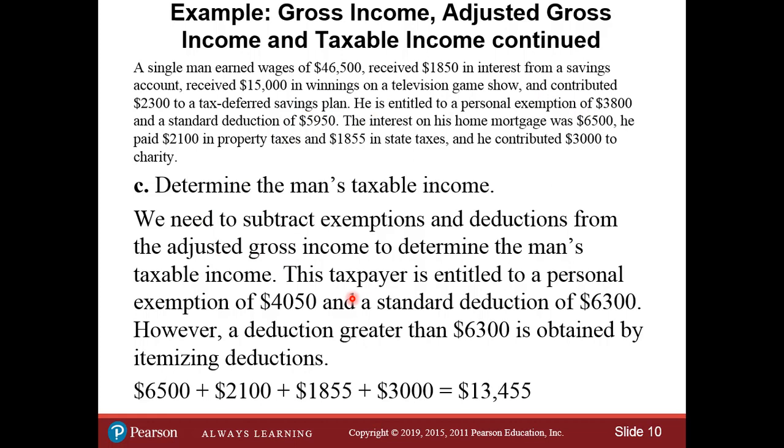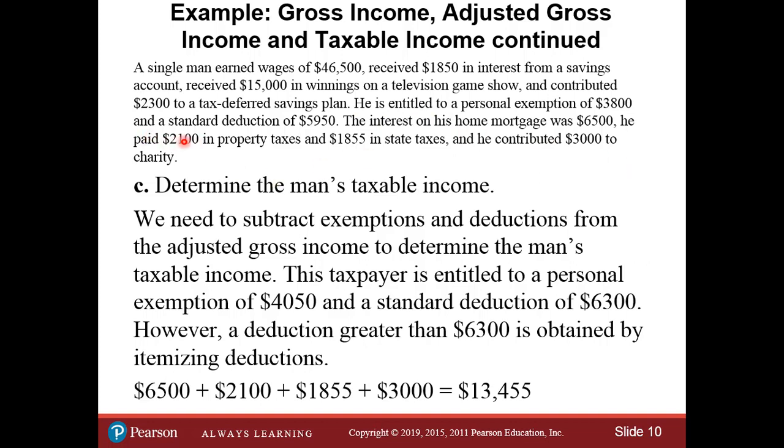Okay, so we're going to need to subtract off the exemptions and deductions. Now, in this case, this is wrong. This is $3,800, and he has a standard deduction of $5,950, not $6,300. Now, if we look at his itemized deductions, what does he get to deduct? Well, he had $6,500 in interest on his mortgage.